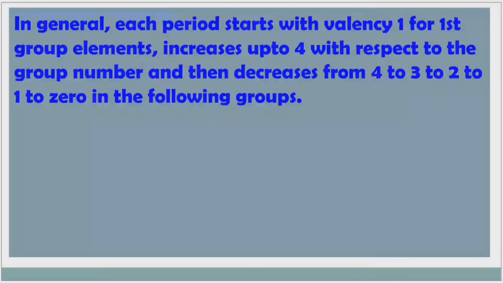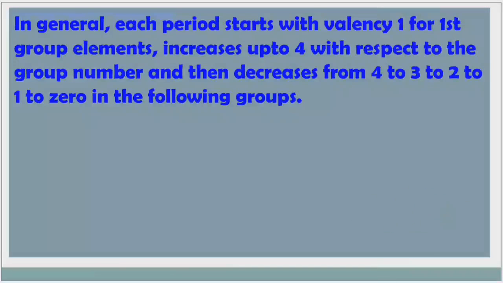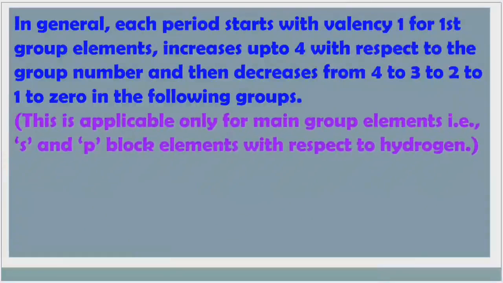From first A to fourth A, valence increases from 1 to 4, and from fourth A to 8th group, valence decreases from 4 to 3, 3 to 2, 2 to 1, 1 to 0. This is applicable only for main group elements, that is s and p block elements, with respect to hydrogen. We are considering only s and p block elements' valencies.